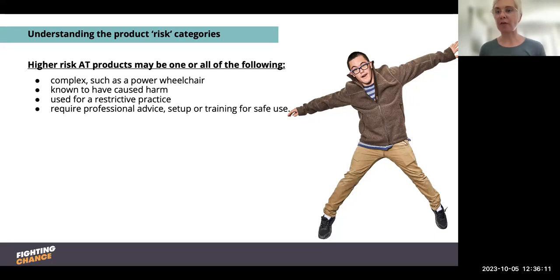They might ask for further information from an allied health professional, and that will either come in the form of a full AT assessment report, which high cost, high risk items require, or they might not need a full AT assessment, but they might need quite a strong supporting letter to say that it's appropriate, and a quote to specifically show which one is appropriate.